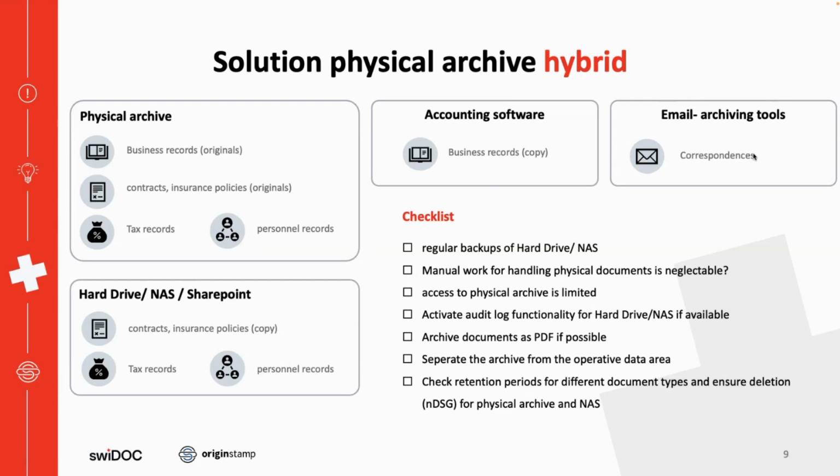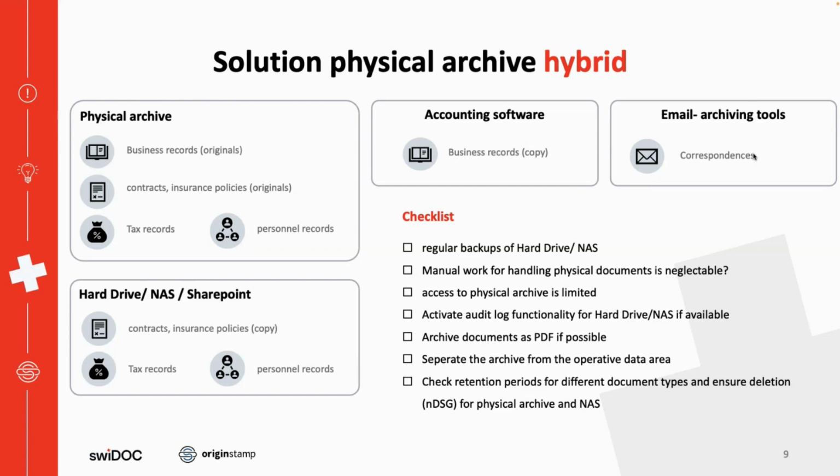Next, if I have some audit log functionality for a hard drive or the NAS, I should activate it to see who is accessing my data, who is doing what on my storage. And if I have the availability, then I should archive the documents as a PDF so that nothing gets changed accidentally.